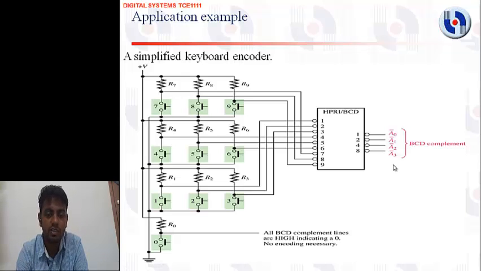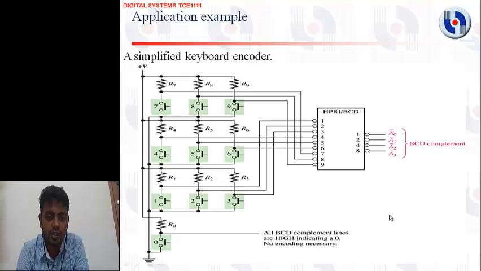A particular binary data is given to the system, and the system generates a digital output, which we can see on the display of the computer. Here we can see 1, 0, 1, 2, 3, like this. All switches are connected in a grid form, and these individual inputs are given to the encoder as 9 inputs, which we are converting into 4 outputs. So this way we can use it.